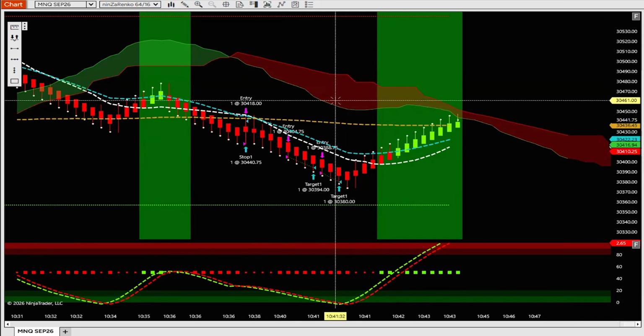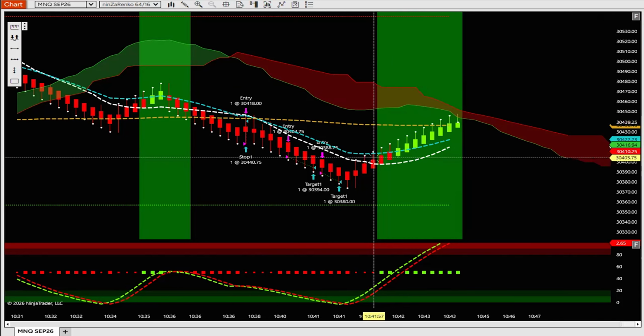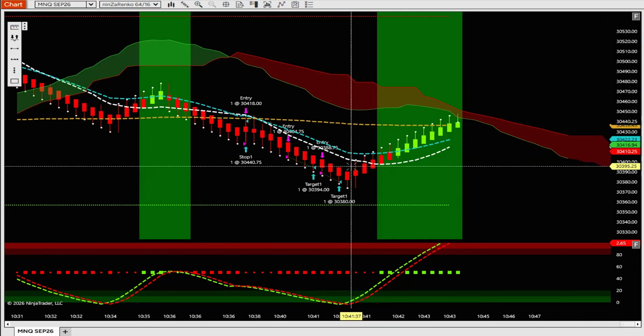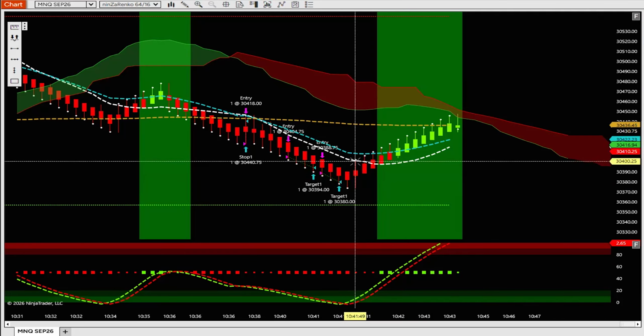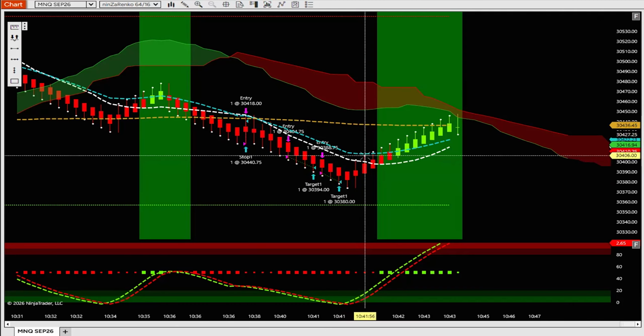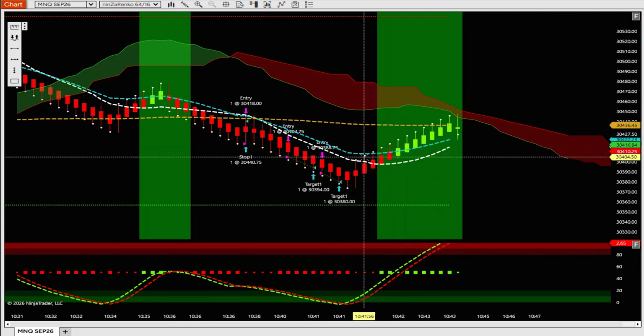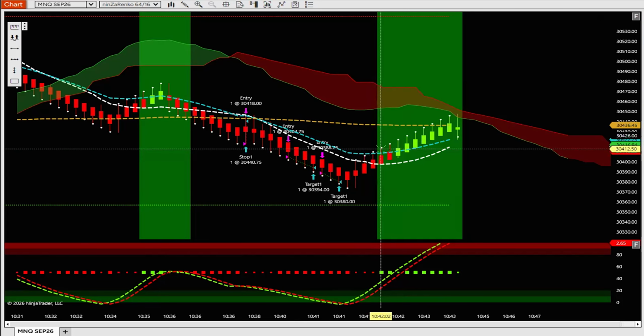If we remove the cloud concept, with this being down to the bottom and the next candle being up to the top, this would have been an ideal place to get in, because if we look below, we have the green over the red. So by the time you get to your fourth candle, you're already in the green.